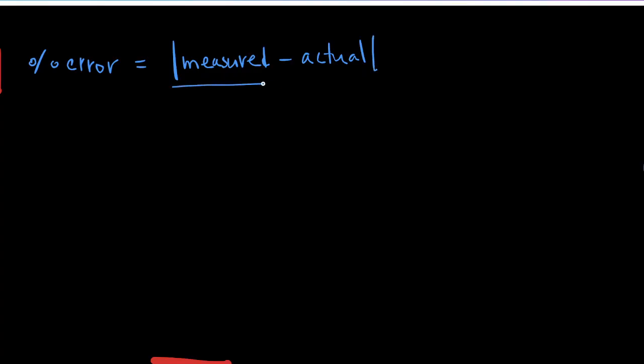Percent error has a pretty straightforward formula. Percent error is going to be equal to the absolute value of the difference between your measured and actual, divided by your actual.